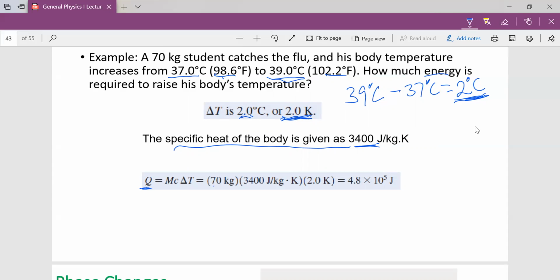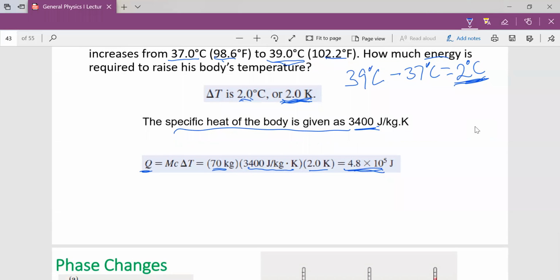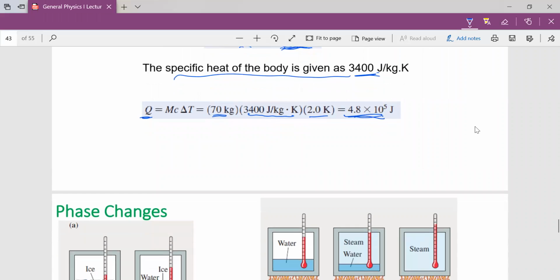The mass is given in our question to be 70 kg, the mass of the student. Then we multiply the specific heat by the change in temperature to give us 4.8 times 10 raised to the power 5 joules. So that's the amount of energy the body has used to change the temperature of that student.